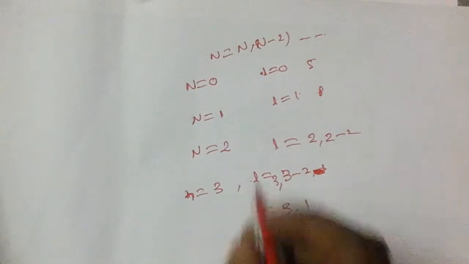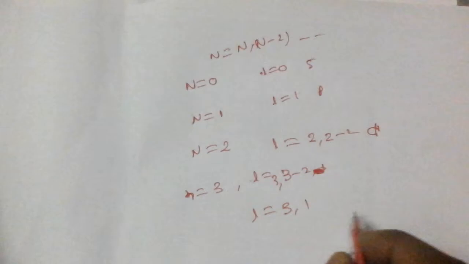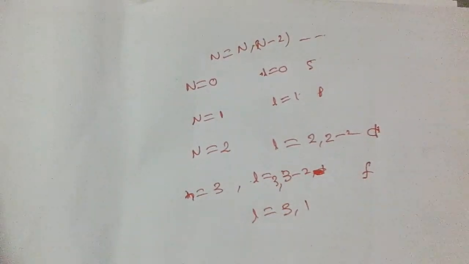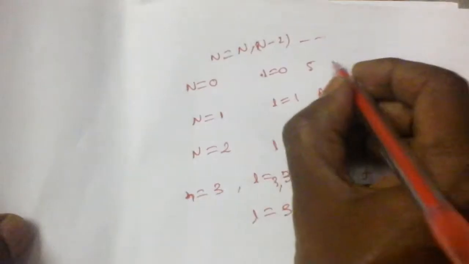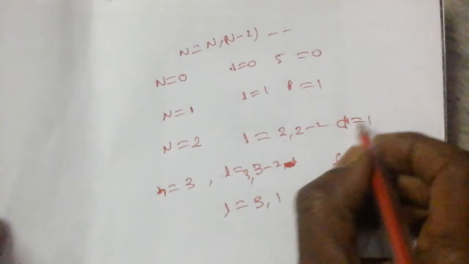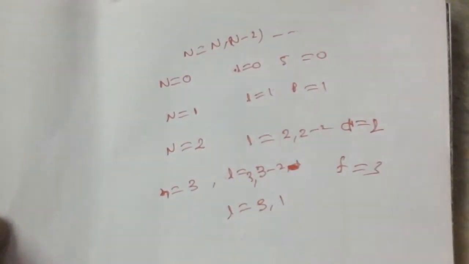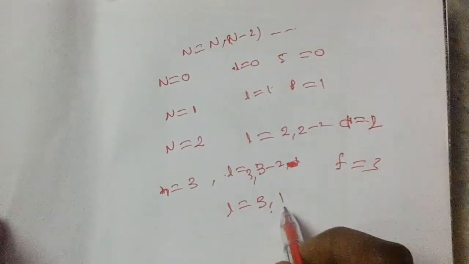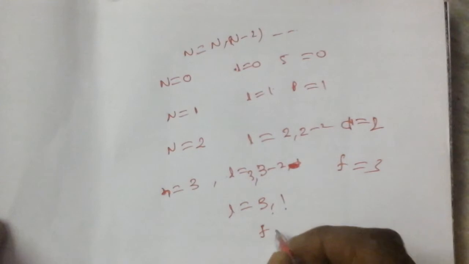Now here d will start, here f will start. So s is equal to 0, p is equal to 1, d is equal to 2, f is equal to 3. So 3, 1 means f, p.